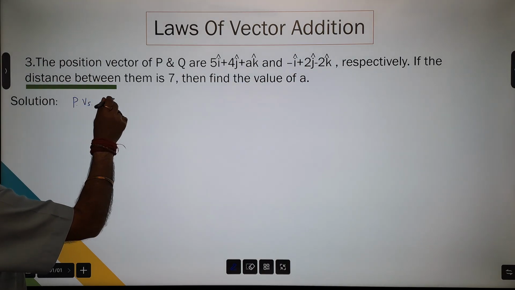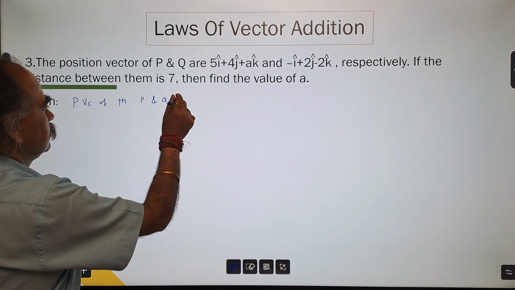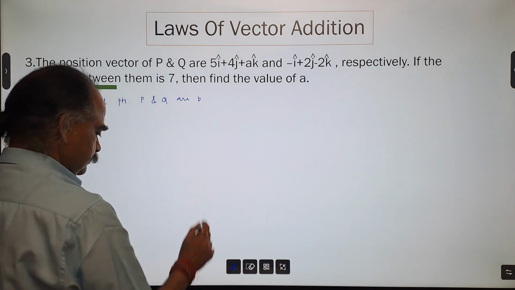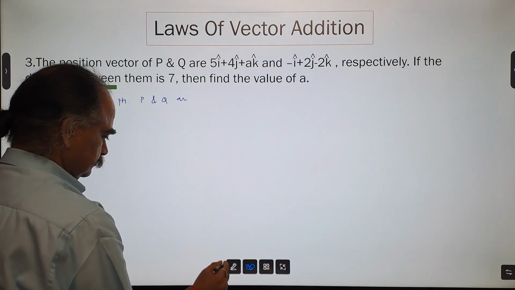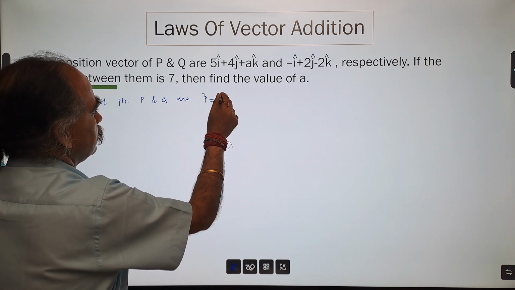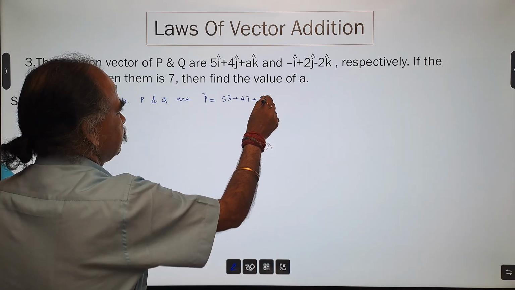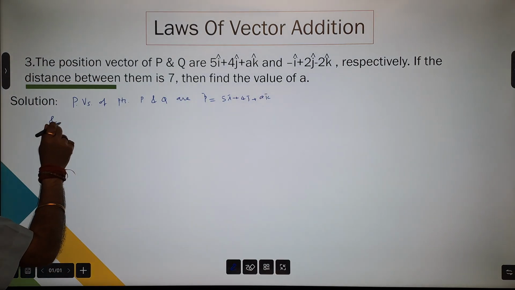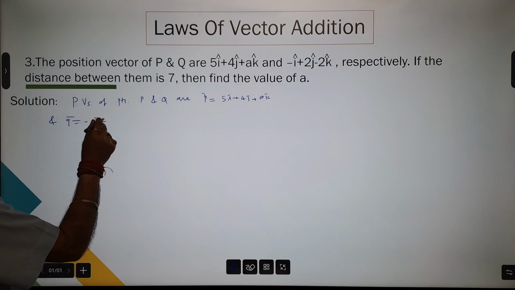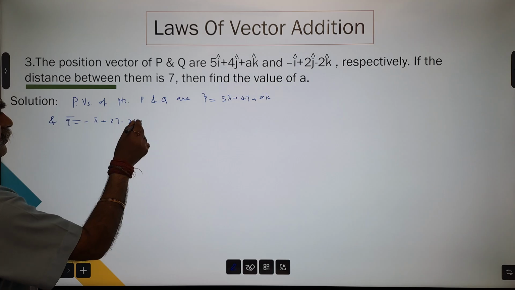Position vectors of points P and Q are P bar is equal to 5i plus 4j plus ak bar, and Q bar is equal to minus i plus 2j minus 2k.